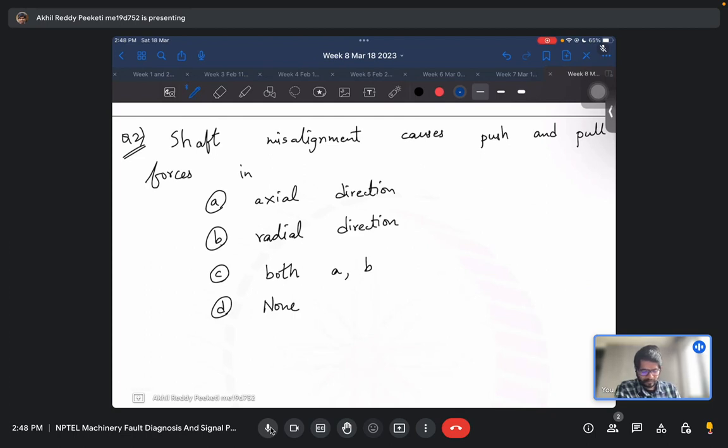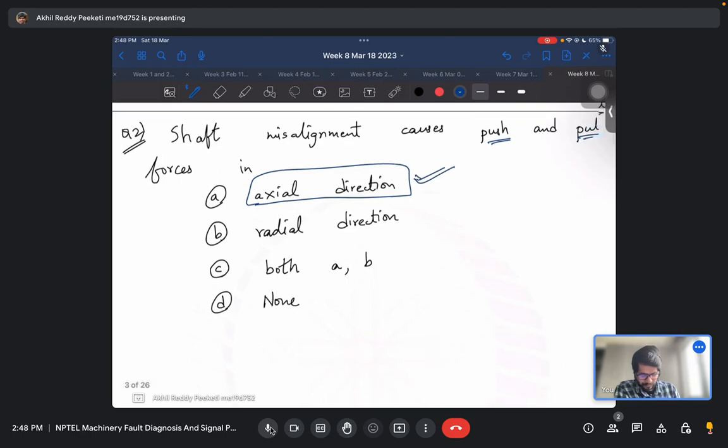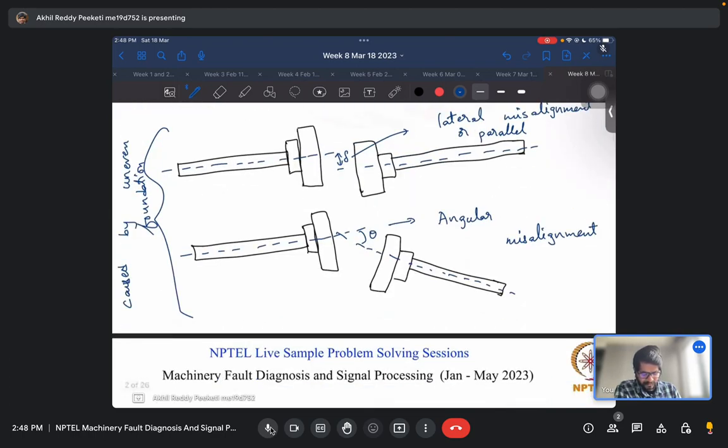The push and pull forces caused by the shaft misalignment will be primarily in the axial direction, because as you are seeing here, the misalignment is between the two shafts in the axial direction.